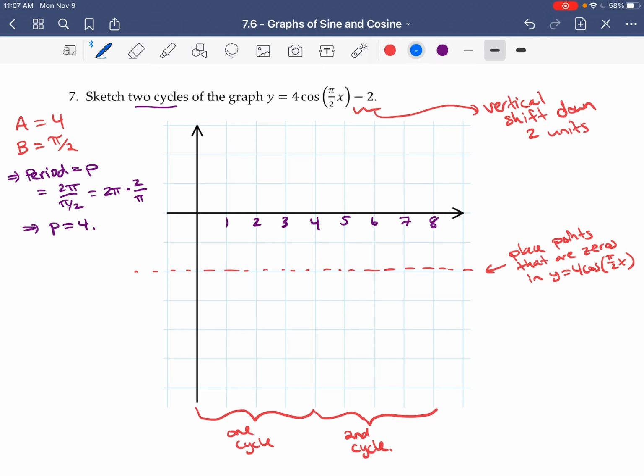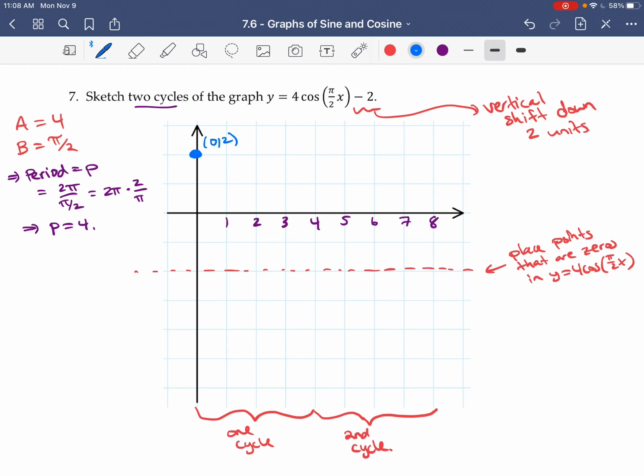Initially at 0, cosine is a 1, so I actually want to be 4 above that. So my point is going to be there, at 0, 2.